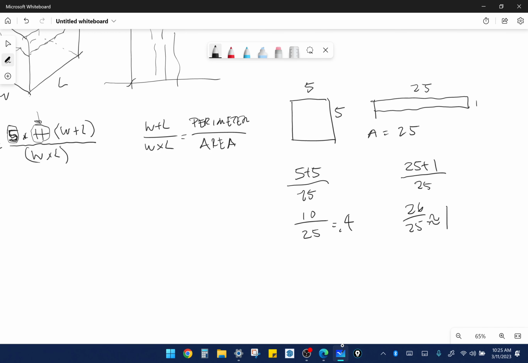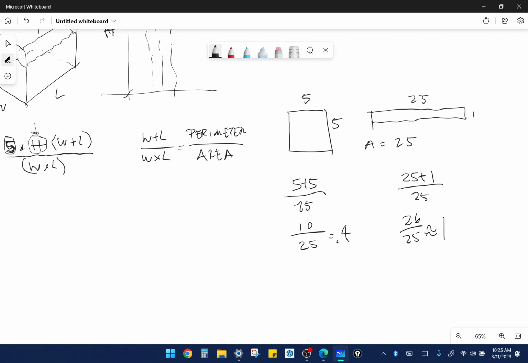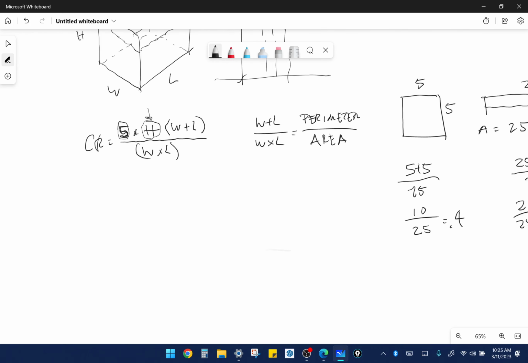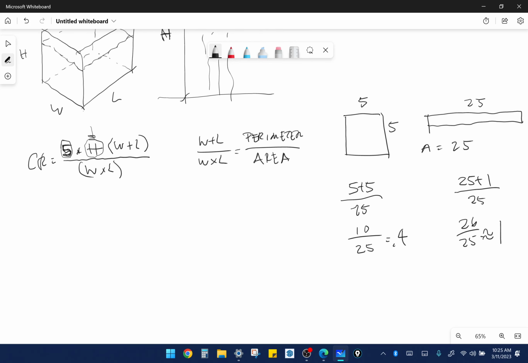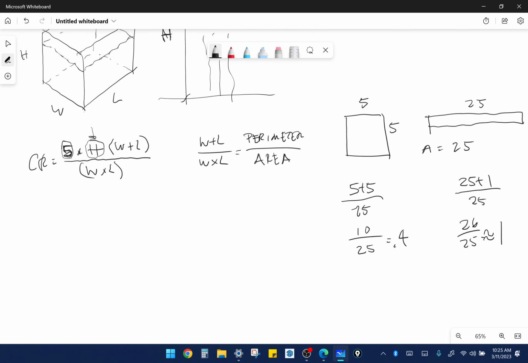So the point is that as we get longer and thinner, as the space gets longer and thinner, our cavity ratio is going to go up.